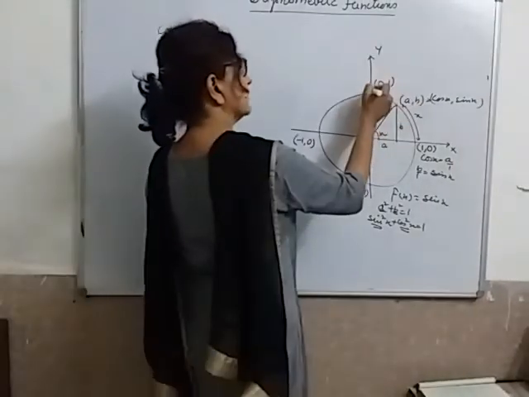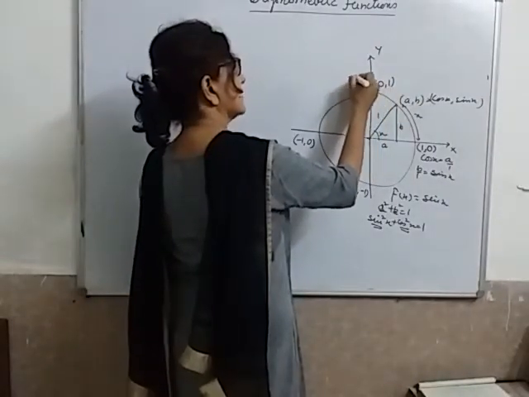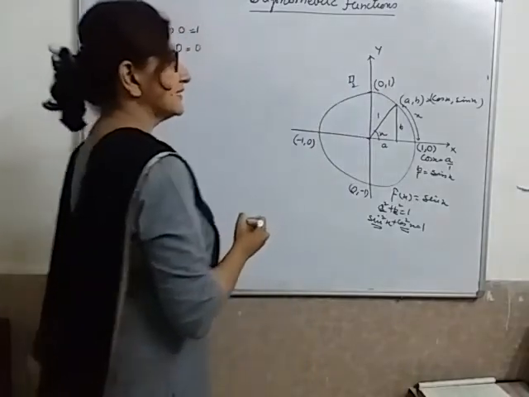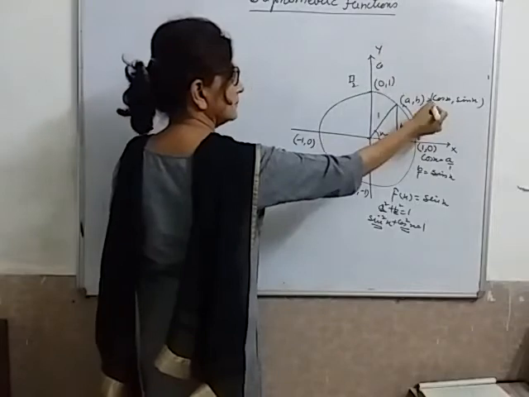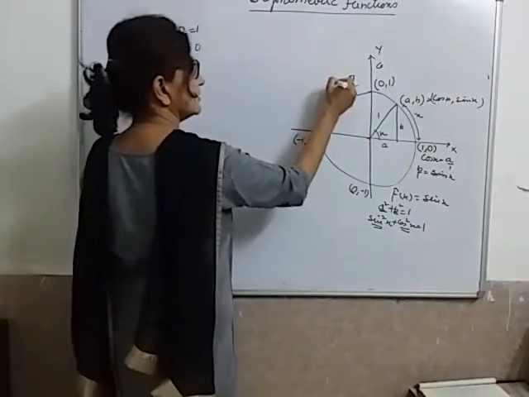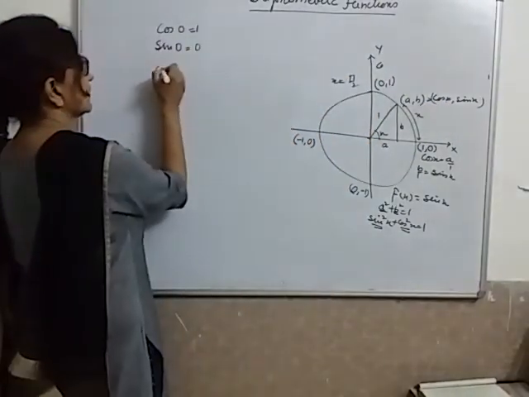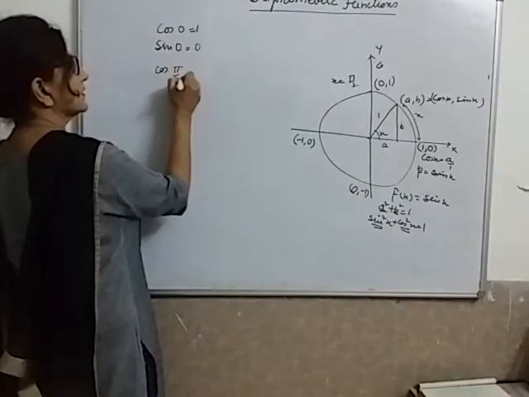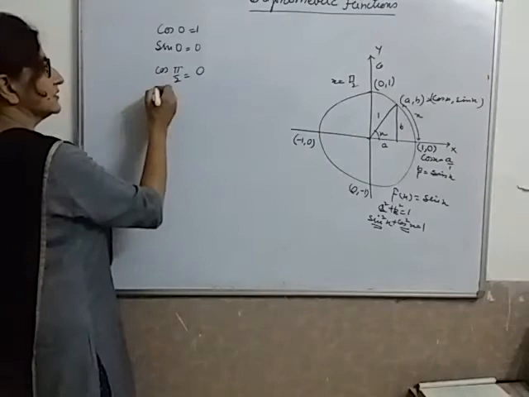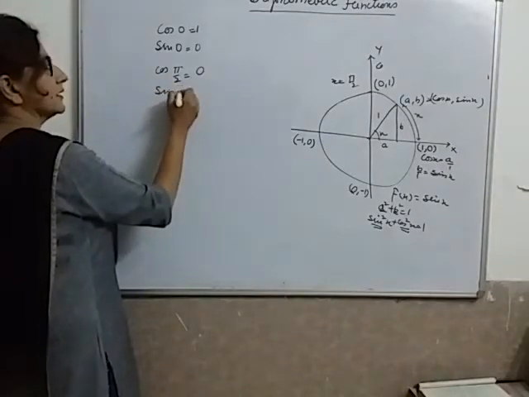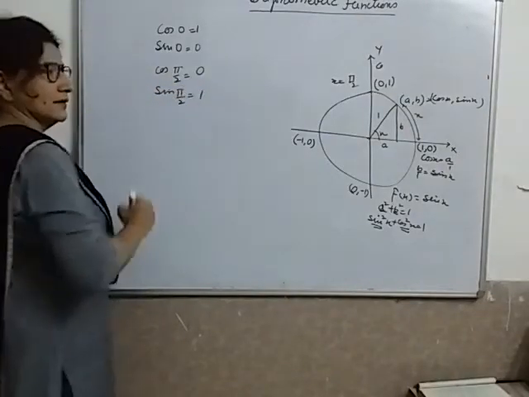Okay, we bring x to this side, here angle is 90 degrees, pi by 2 in radians. So x becomes pi by 2. When I take cos pi by 2, here the value of the point is (0, 1). So cos pi by 2 is 0 and sin pi by 2 is 1. Right?